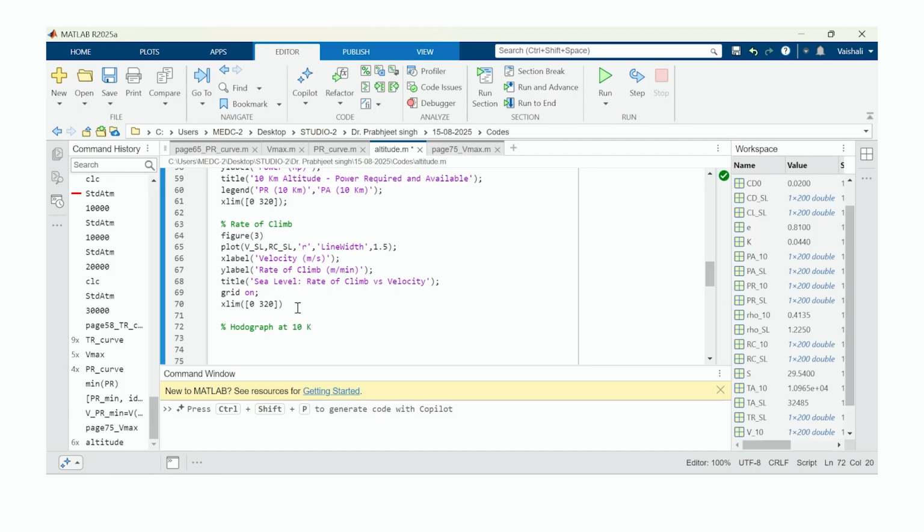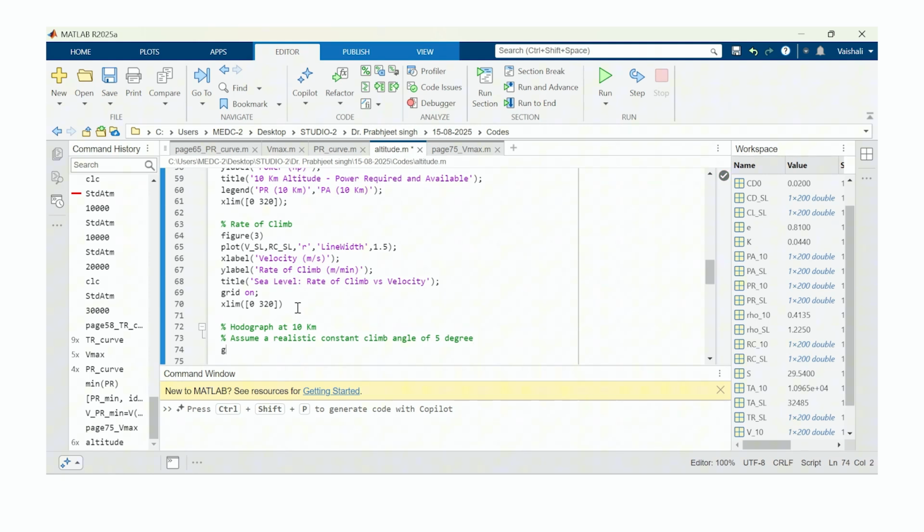Now what we'll do is we'll assume a realistic constant climb angle, a constant climb angle of 5 degrees.